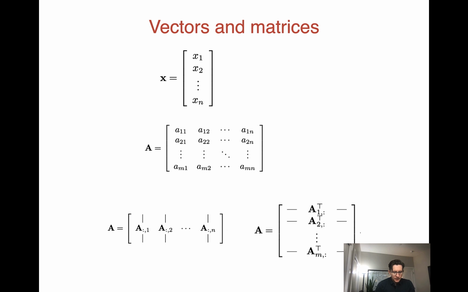Again, note we have the same thing here where we have A1 colon indicating we want all of the columns for the 1st row. By the way, when we list a vector, we almost always mean a column vector. So if we want to indicate a row vector, we'll almost always transpose it. That is, define it as a column vector and then use the transpose when we see it on the page. Transpose, by the way, means to flip the rows and columns.